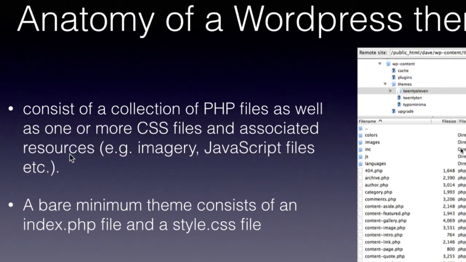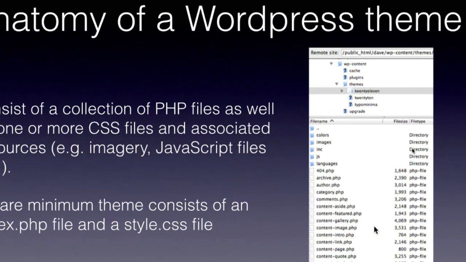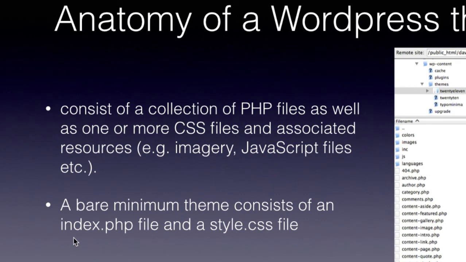As I said before, it consists of a collection of PHP files and other resources. At a bare minimum, a theme consists of an index.php file and a style.css. So you can create a functioning theme with just 2 files. That's because the index.php file is sort of the default file.